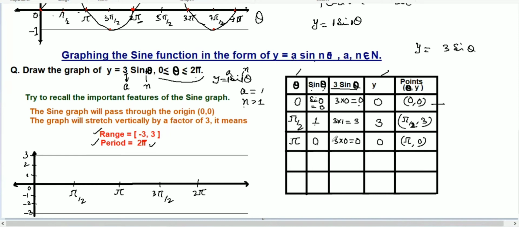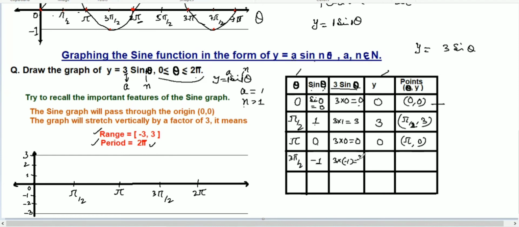The next will be 3 pi over 2. You will get sine of 3 pi over 2 equal to minus 1. Then 3 multiplied by sine 3 pi over 2, we need to multiply by minus 1.